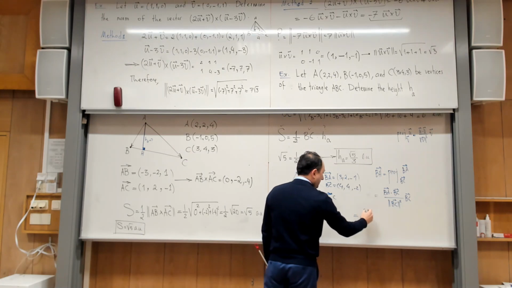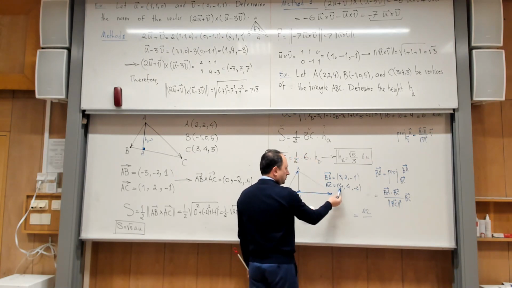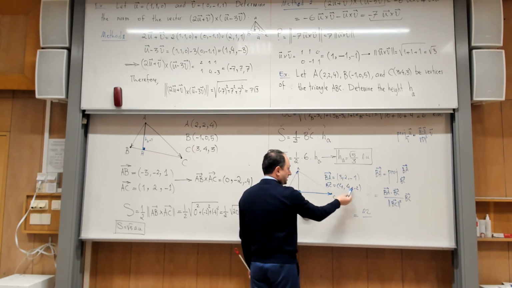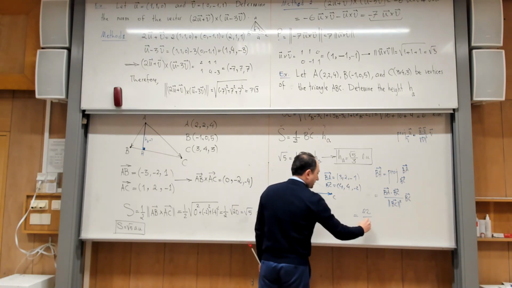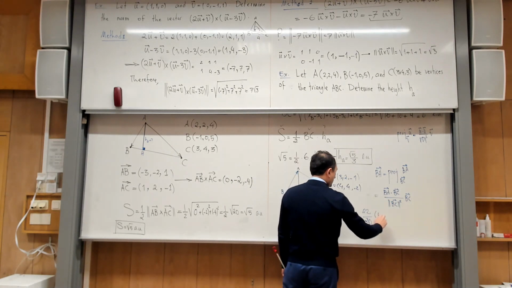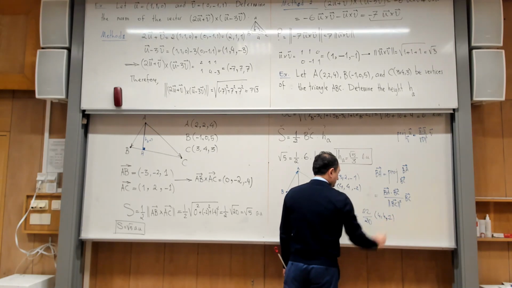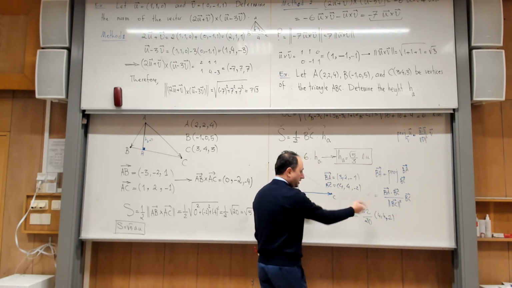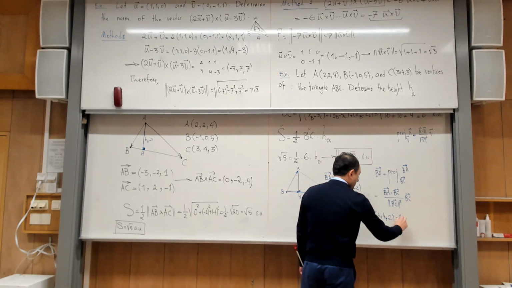Yes? And then BC squared. 4, 16. 16 and 4. It becomes 20. Yes? And then I have BC, 4, 4 and minus 2. But let me simplify things. So this becomes 11 over 10. Yes?